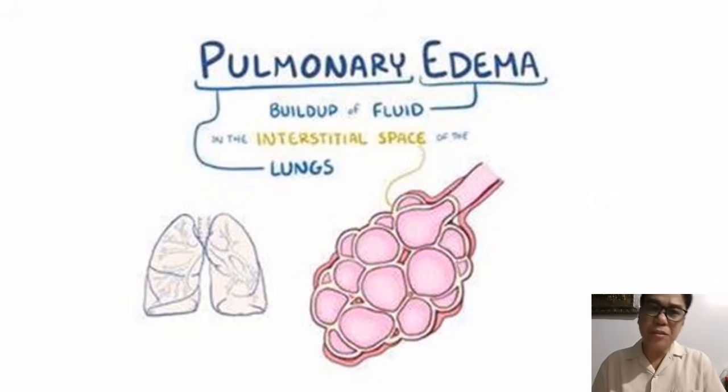Okay. So next, since we're hooking them with oxygen inhalation, for example, we're using a nasal cannula, we could use a water-based lubricant just to minimize the irritation on the nostril. Okay, especially if they are already using the nasal cannula for 5 days and more.